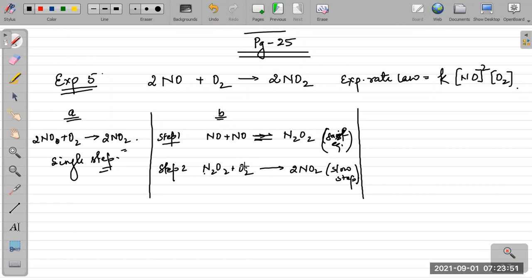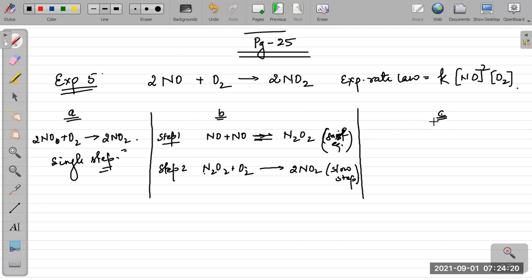And here also an oxygen-oxygen bond is broken. Now in such a scenario, there are a certain number of bond breakings which are taking place, and therefore this happens to have a higher activation energy, and hence the speed of the reaction happens to be slower.